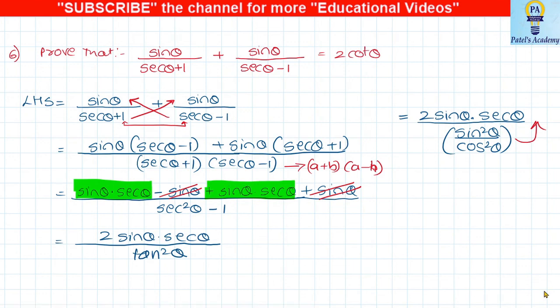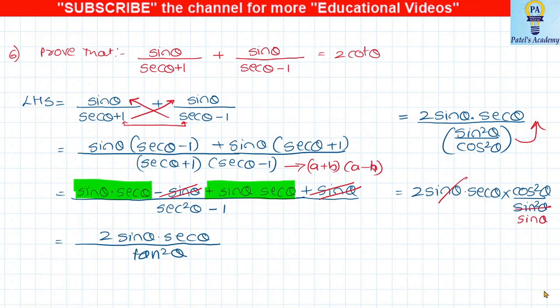So when I shift the bracket up, what I'll get, 2 sine theta sec theta into cos square theta upon sin square theta. Now one sine and one sine will cancel. So what I get is sin theta.